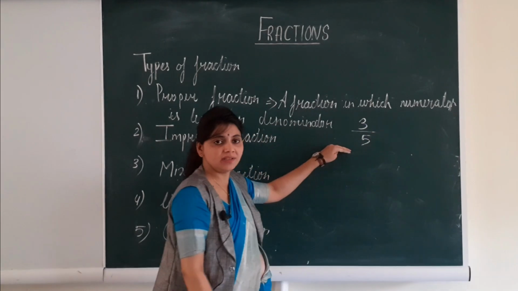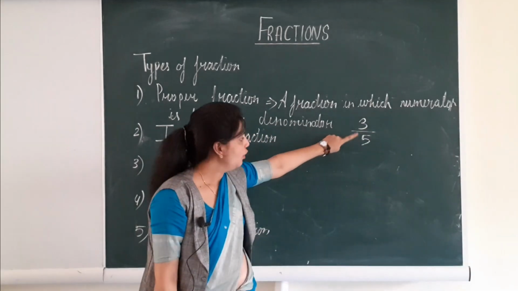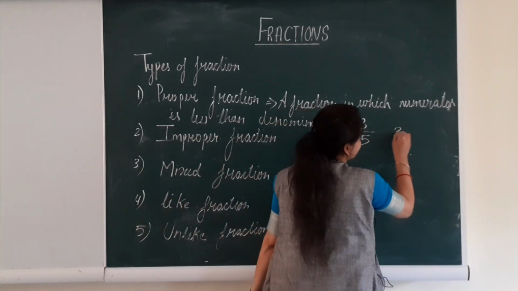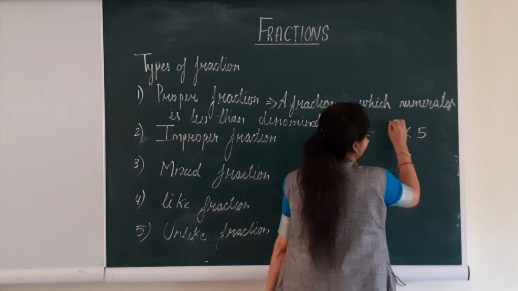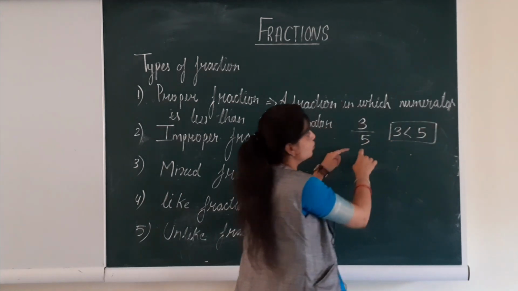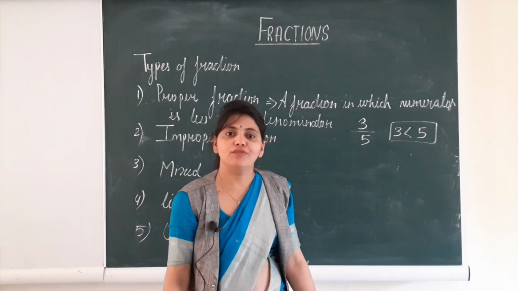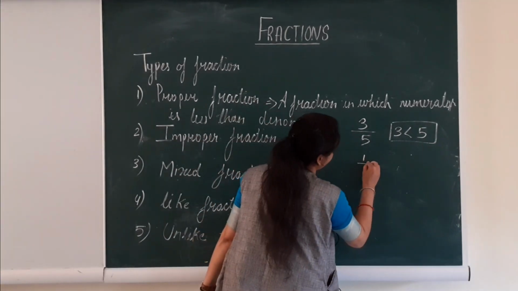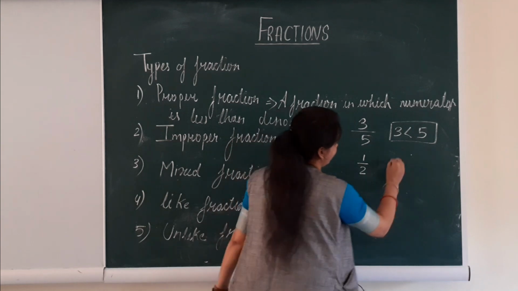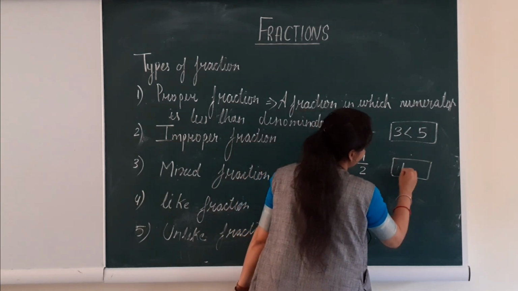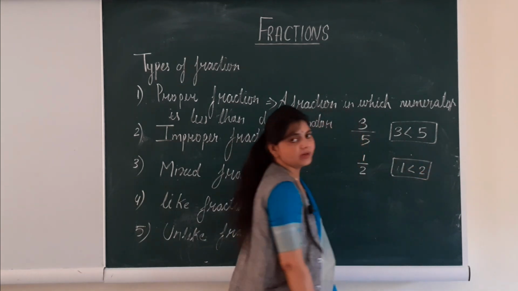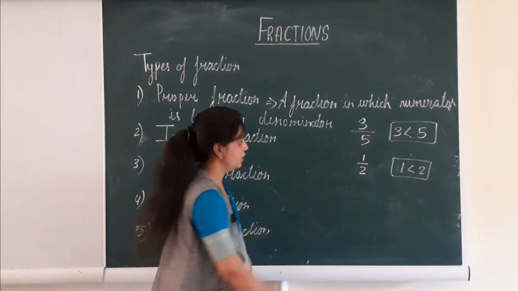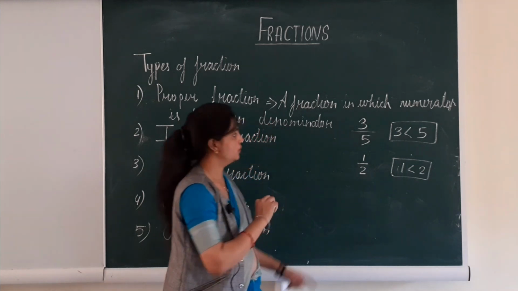Here 3 is the numerator, 5 is the denominator, and 3 is less than 5. So this type of fraction is known as a proper fraction. Take one more example, 1 by 2. Here also 1 is less than 2, so this is also a proper fraction.